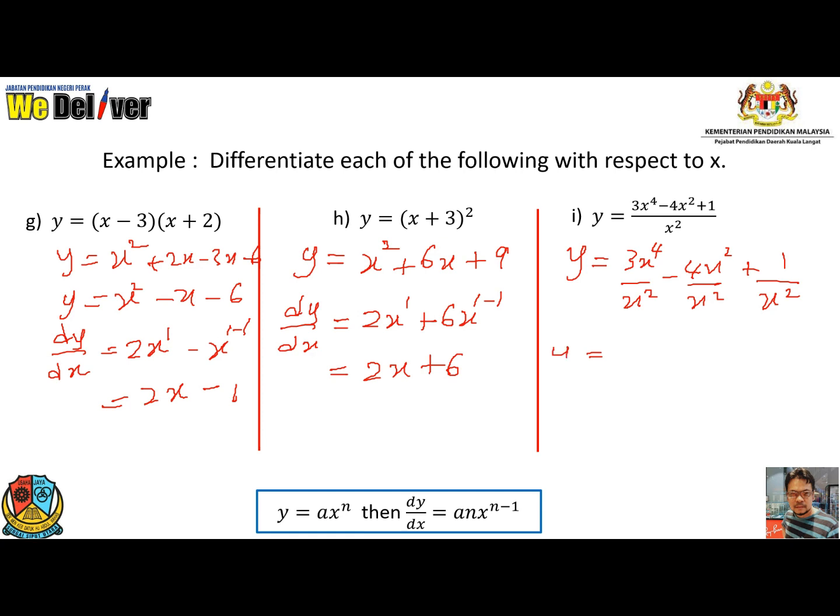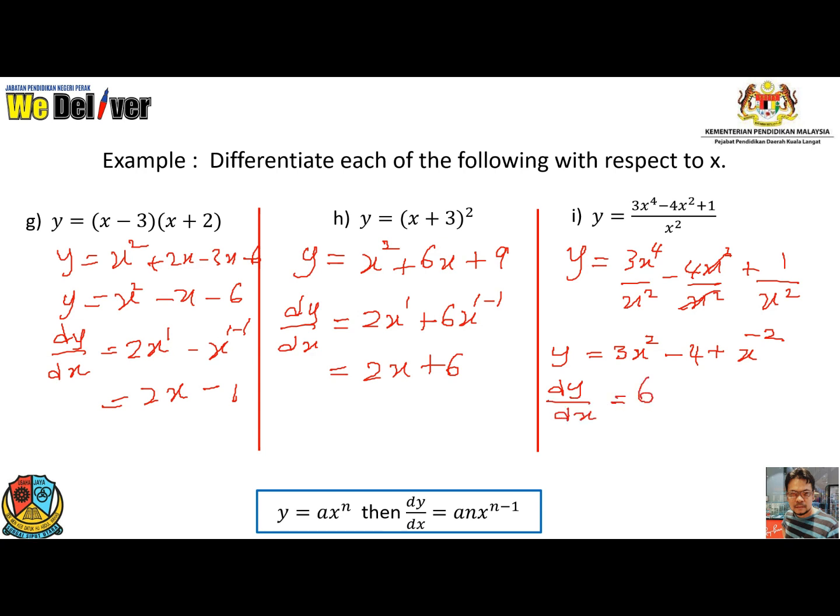Simplify again using law of indices, you get 3x to the power of 2 minus, this one just cancels, x squared, so minus 4, plus this one, bring x squared above, you get x to the power of negative 2.